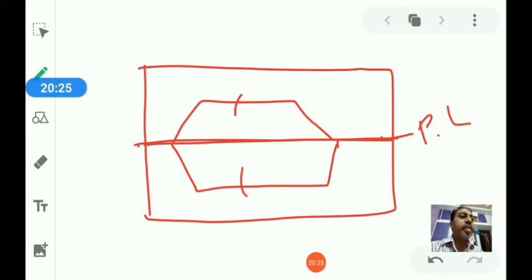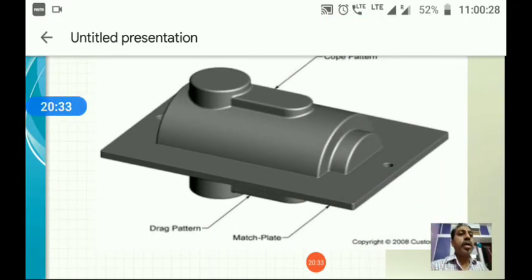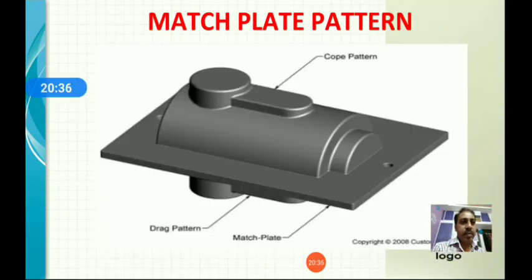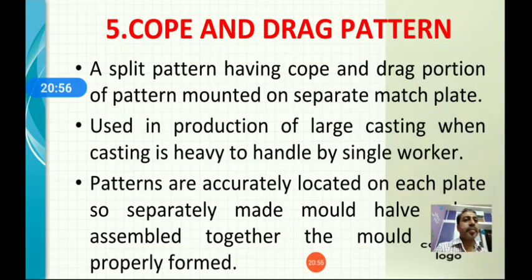So through this match plate, it cannot be displaced in any position, so we can create a good product. Okay, so this is a match plate pattern. So through the match plate pattern, we can create an errorless or defectless product, which can happen in split pattern. And here these two patterns are connected with this match plate. That's why it is called match plate pattern.